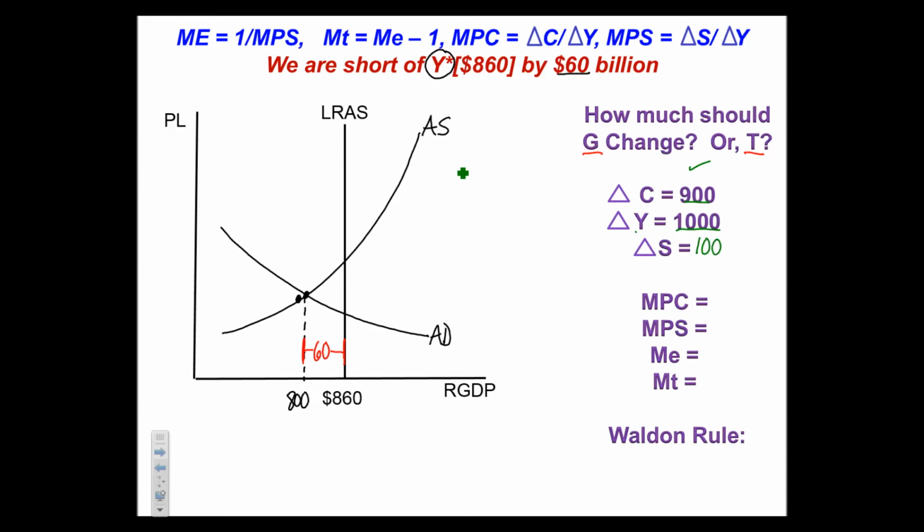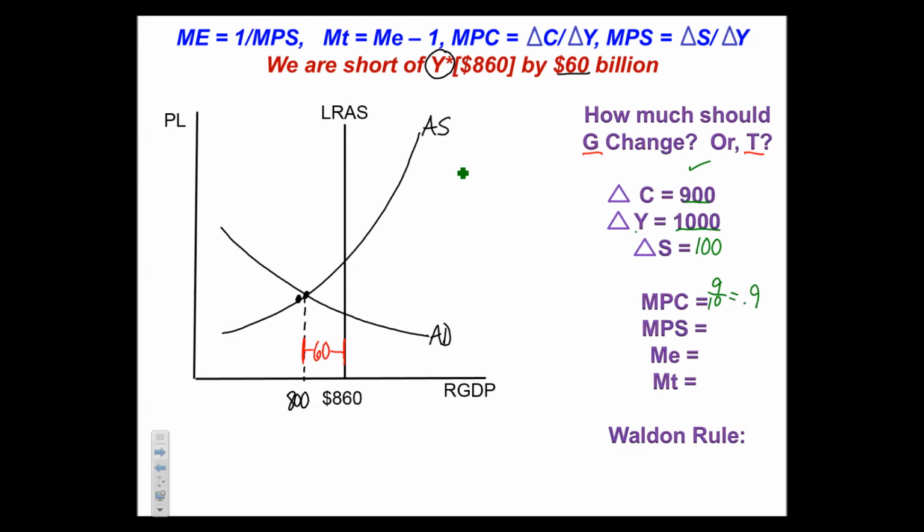Now, marginal propensity to consume is going to be our change in consumption divided by our change in income. So our change in consumption was 900, and our change in income is 1,000.